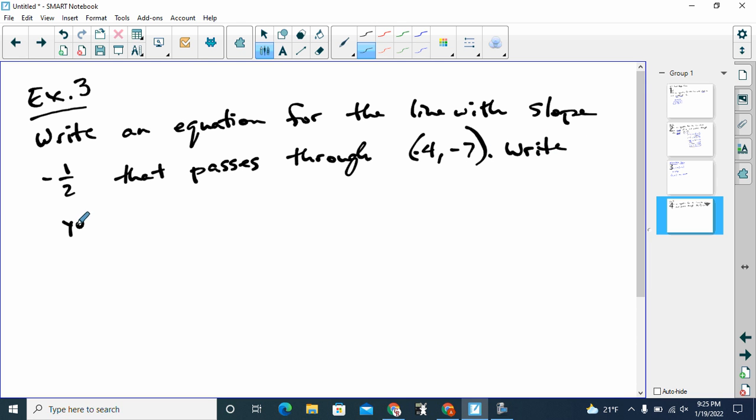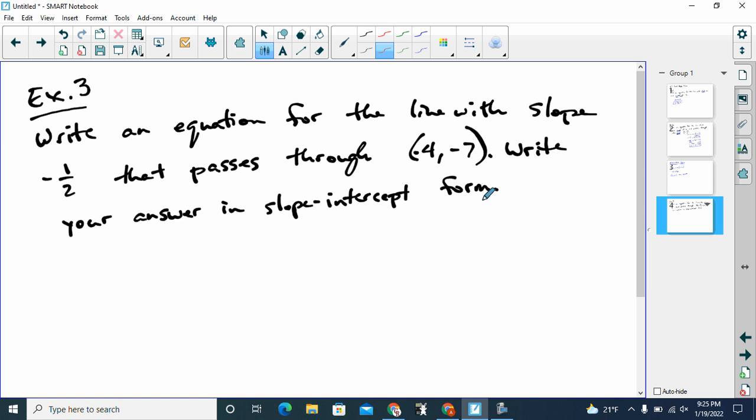Write your answer in slope-intercept form. We need an equation for the line. It needs a slope of -1/2, and it has to pass through the point (-4, -7). It says write your answer in slope-intercept form.